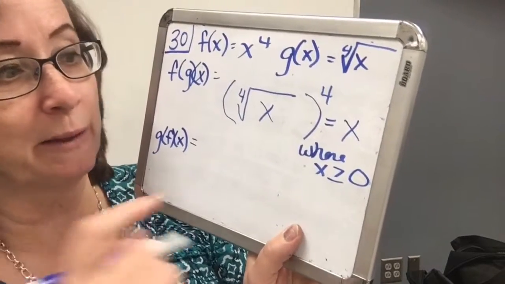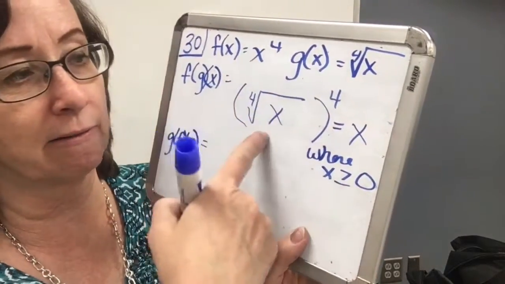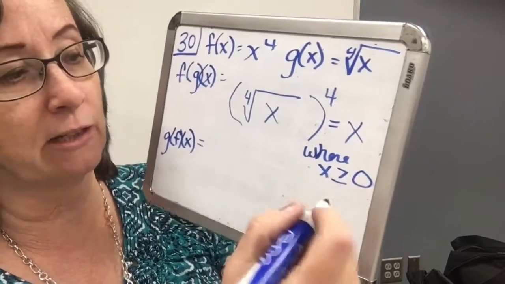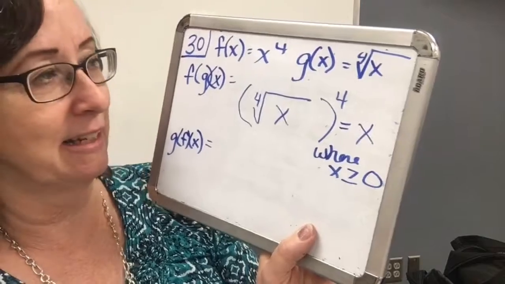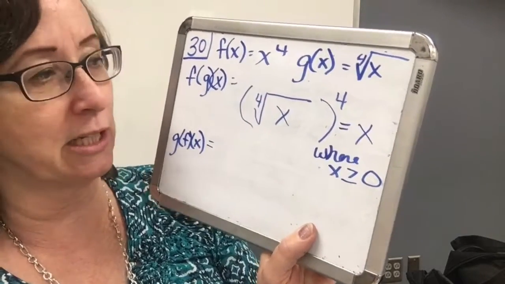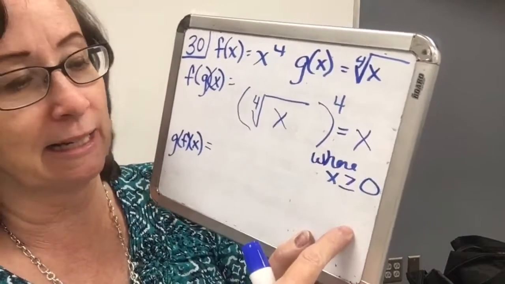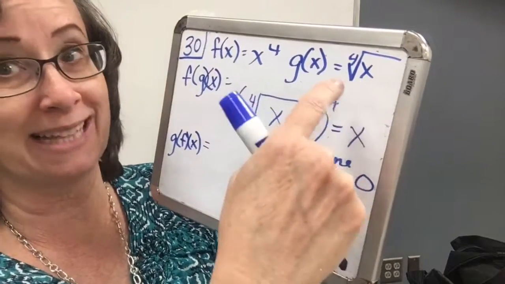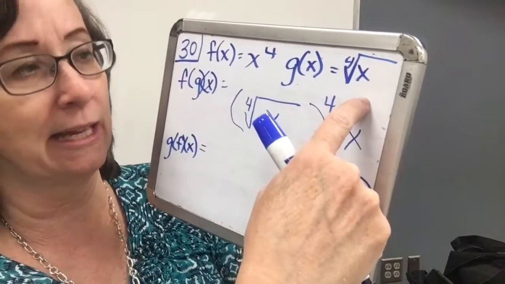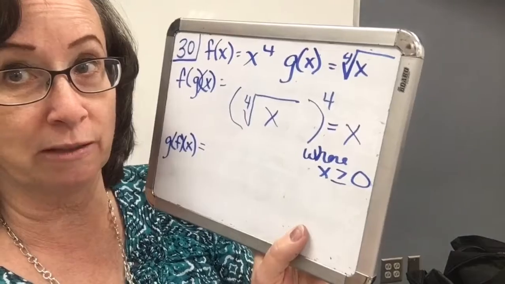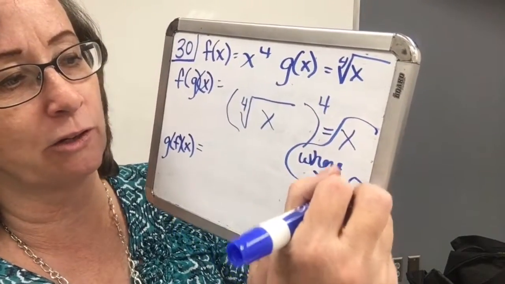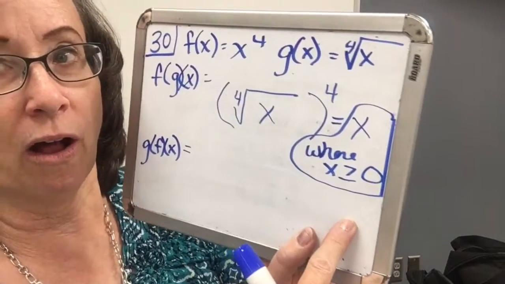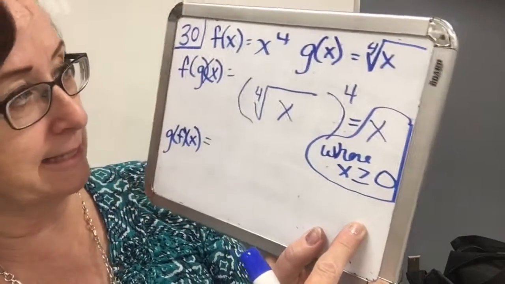Okay, so in the process there was a limit right there, and we have to acknowledge that even though the function is now x, which might look like there's no limitations, the process led to this g of x had to be positive x in order to exist in the real number system. So this would be our answer, and our domain would be all non-negative x's.